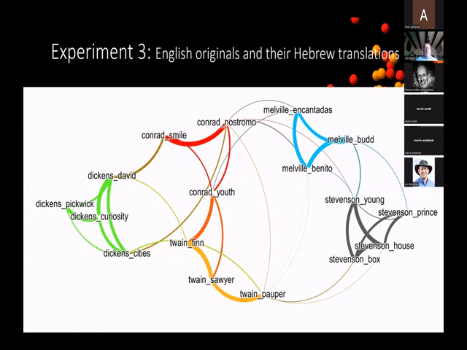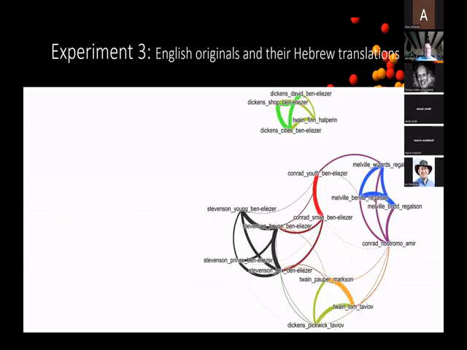So now let's look at what happens when we take the Hebrew translations of those texts, and that becomes once again sort of a mess. Now, however, even in the mess, you have to admire or fear the extent to which the authorial signal seems to be preserved.